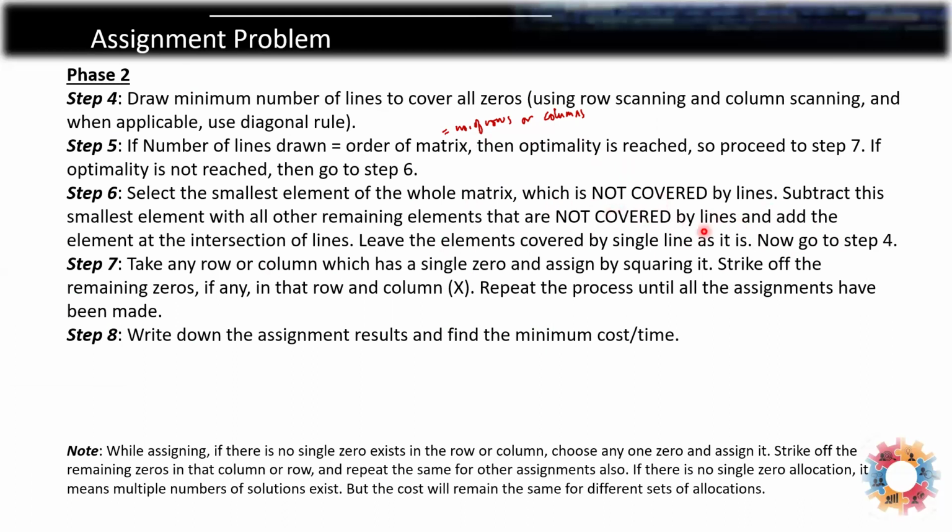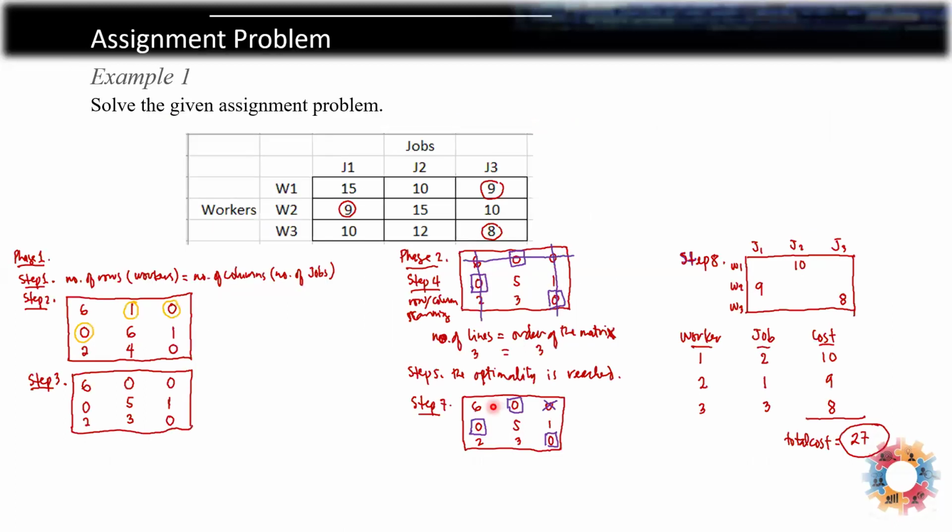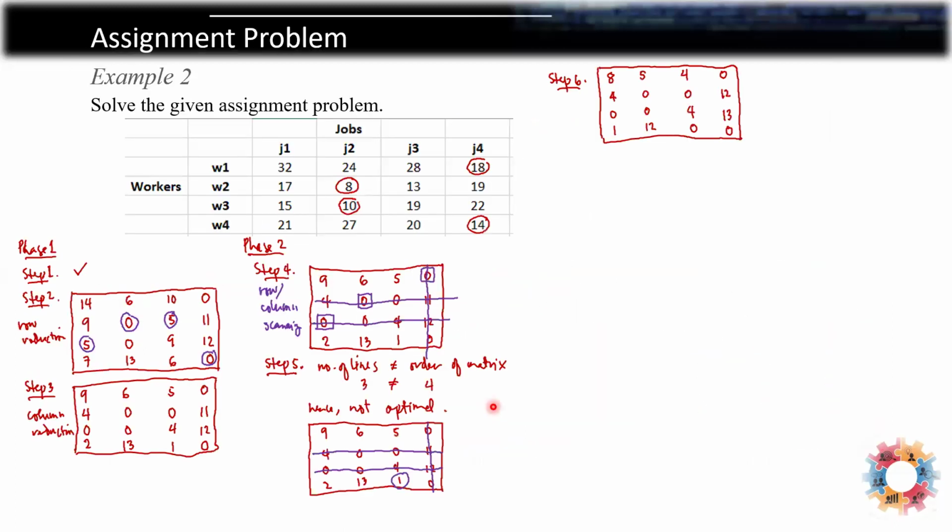After doing step number 6, you go back to step number 4. Now, step number 4 is you again draw the minimum number of lines to cover all zeros using row scanning and column scanning. That's what we're going to do, okay? So proceed to step number 4.